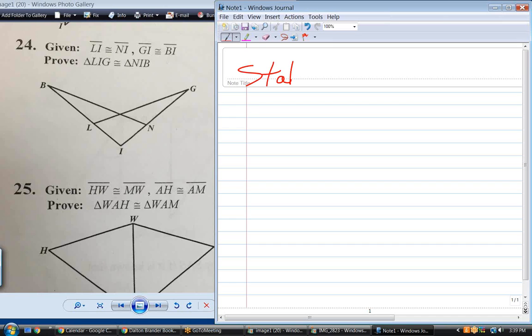Statement, reason. Statement 1. What should statement 1 say? Line LI is congruent to line NI, and line GI is congruent to line EI, as the reasons given.